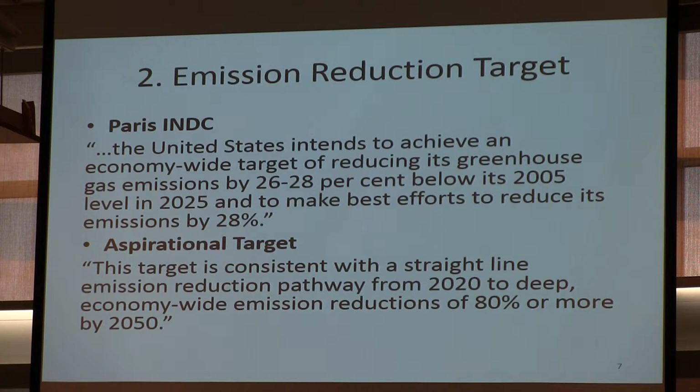So that's what the Obama administration committed us to doing over the next 10 years, roughly. But then at the end of the INDC document, and if you look at other U.S. government documents, you see this as well, you see this aspirational target of an 80% reduction by 2050. So you can set that as a target if you want.